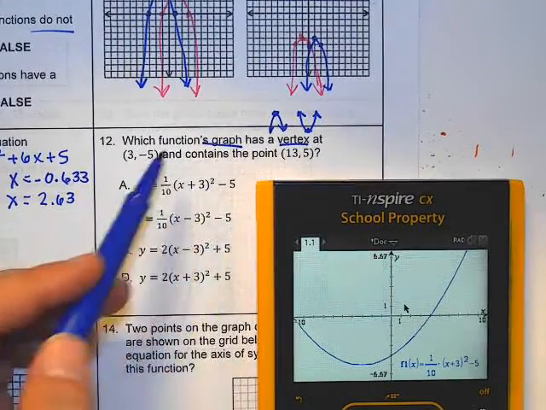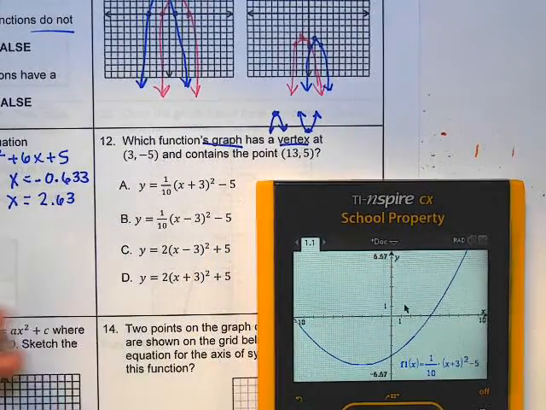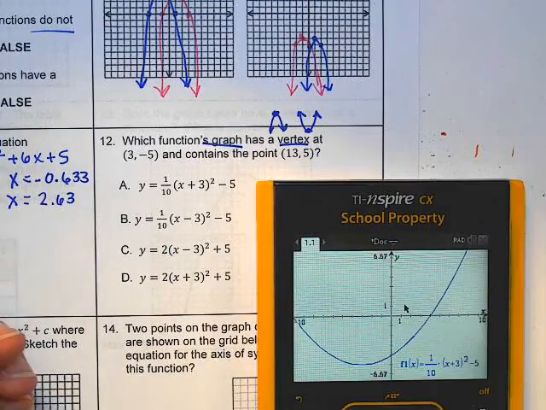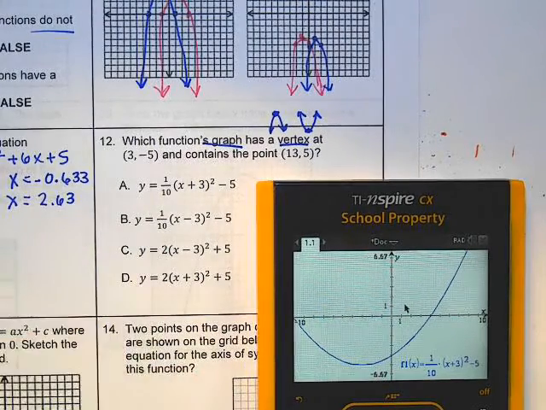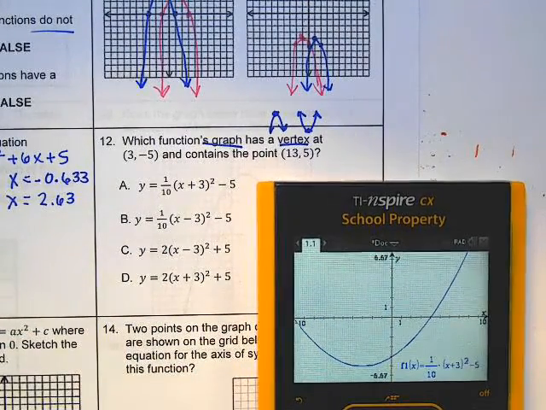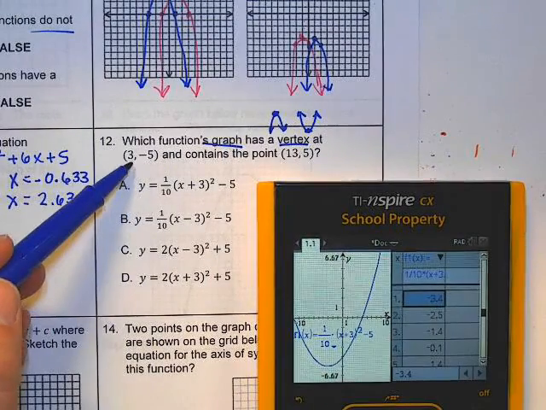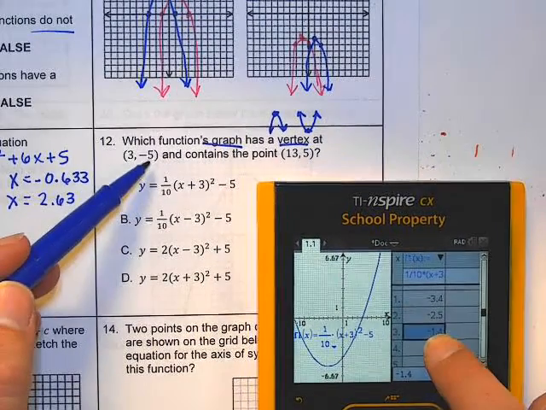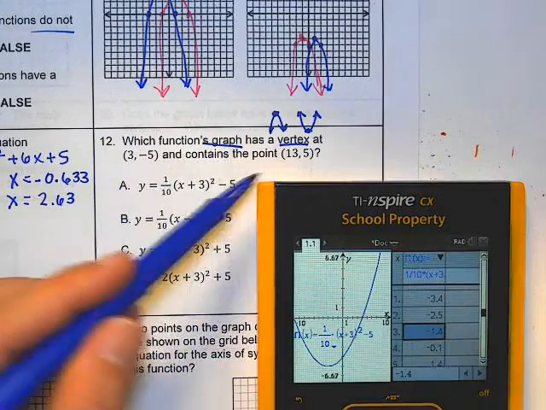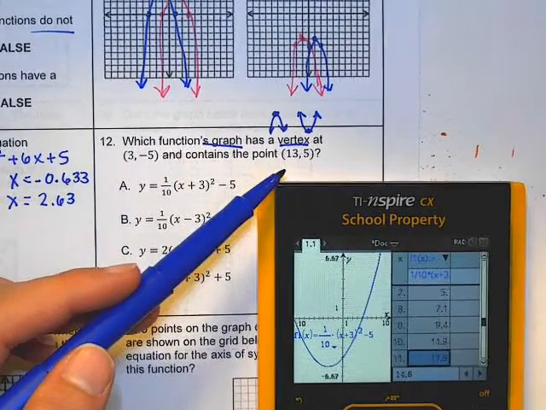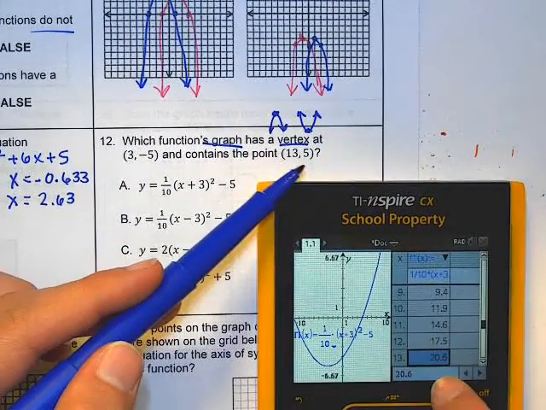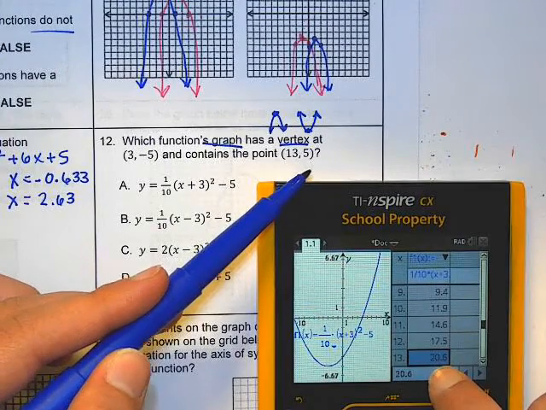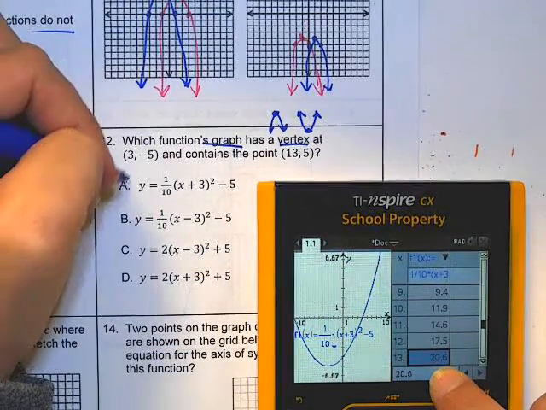Where can I see points at very quickly? Control T. At +3, is it -5? No. What about +13? +13, is it 5? No. So is A my answer?